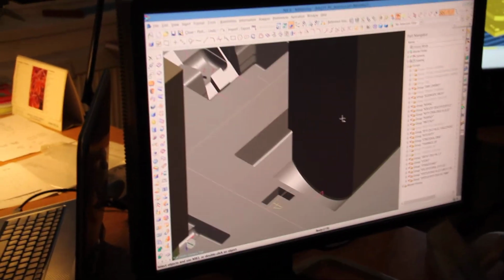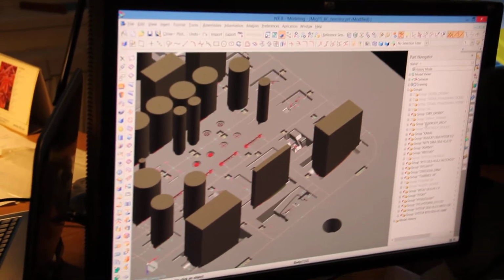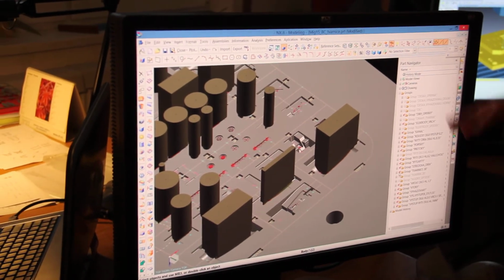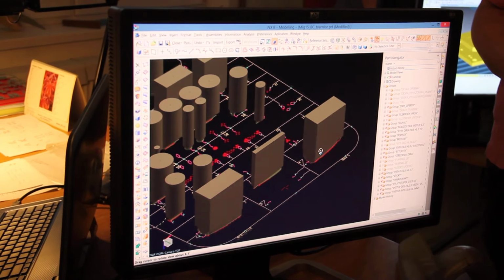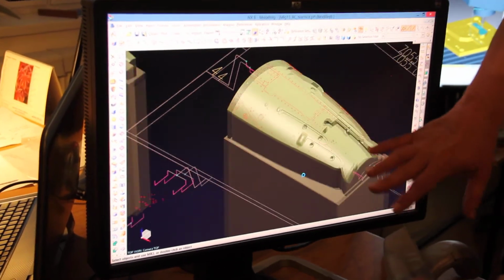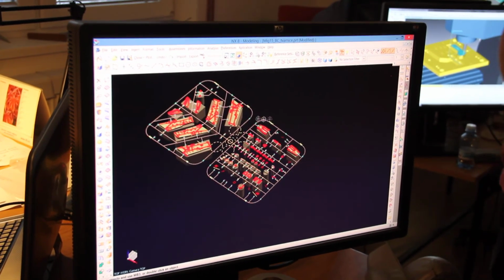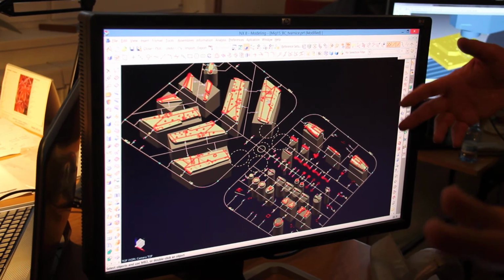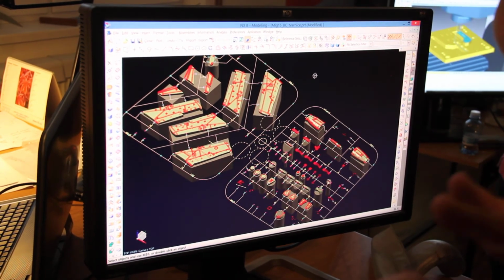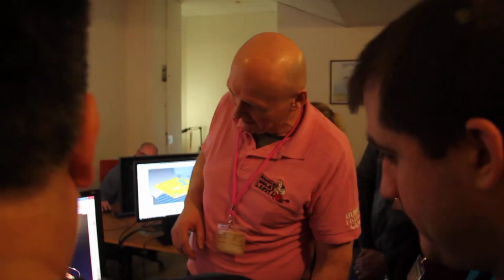The reason to use this method is that when we have the panel lines and riveting, it is impossible to do it by direct milling. So it is necessary to use the electroabrasive method. And you can see that for the MiG 15 specifically, we have a lot of electrodes for this tooling. So maybe a couple of tens, small and bigger electrodes on the tooling.